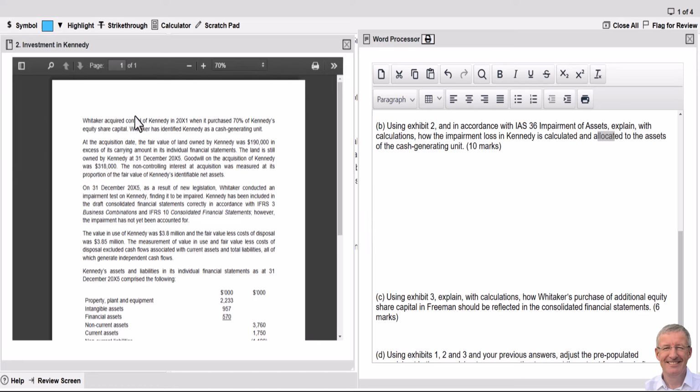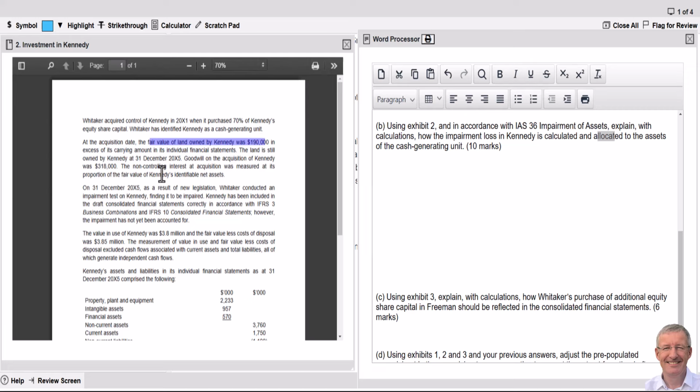Now, we've got control of Kennedy. We've got a 70% relationship. So we own 70, NCI is 30%. Kennedy is a sub and is a CGU, a cash generating unit. So we'll do the impairment review on Kennedy's net assets and goodwill. There's a fair value adjustment on land of 190. Land doesn't depreciate.